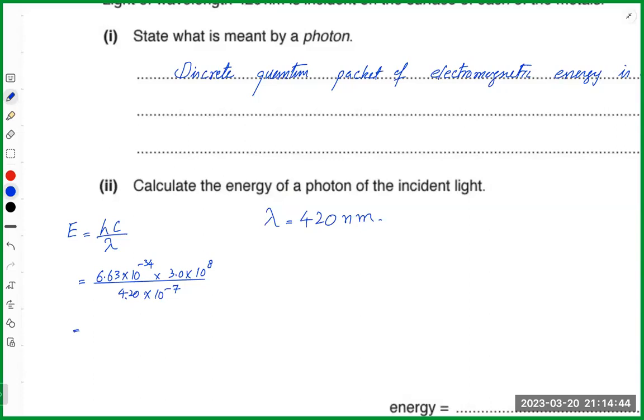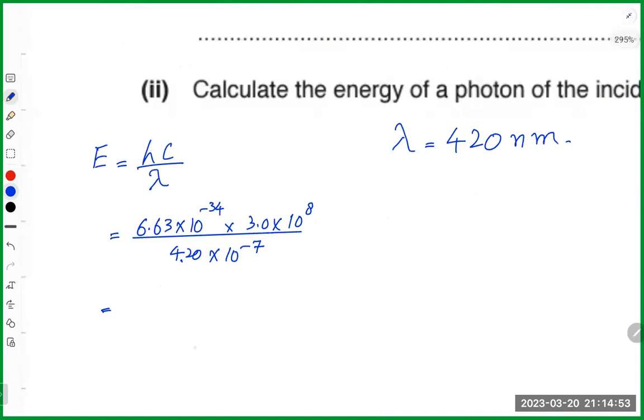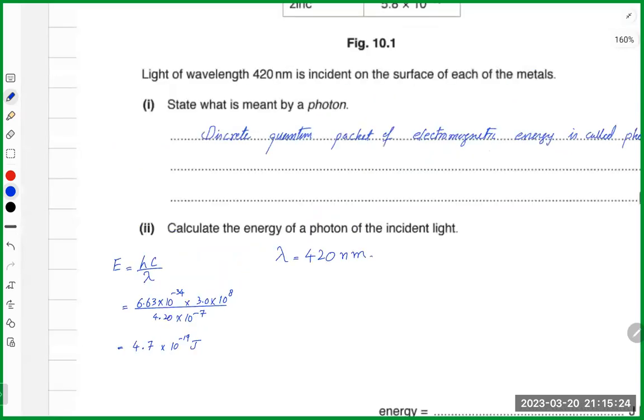Can somebody calculate? I do not have a calculator right now. 4.735 times 10 to the minus 19, so 4.74 times 10 to the minus 19. Okay, this is the energy of this photon.